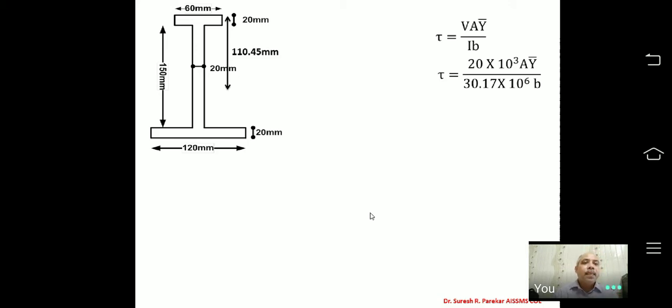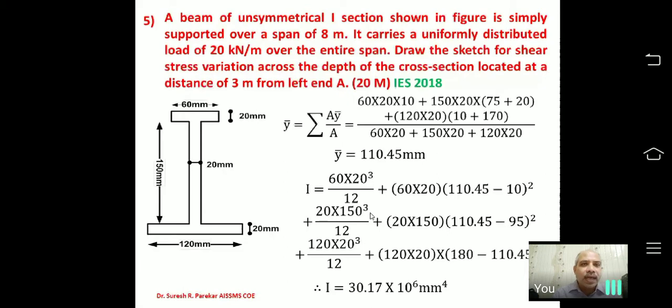If you remember what is given, we have a beam, simply supported over a span of 8 meter, carrying a UDL of 20 kilonewton per meter. So what will be my reactions? We have reactions as 80, because the total load is 20 into 8, 160, half of which is 80.